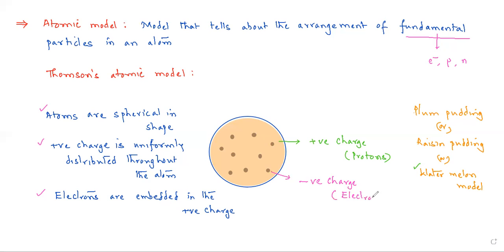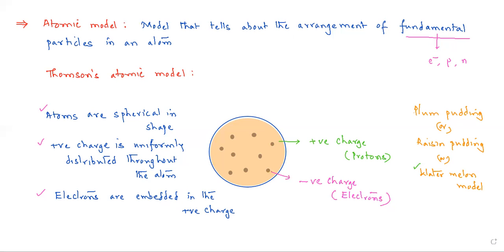But the problem is the protons and electrons were placed collectively. Though it could explain many things about the atom, it failed to explain some experimental results. So this model was discarded.